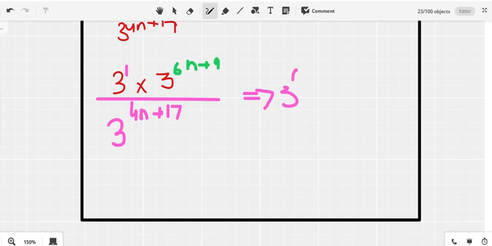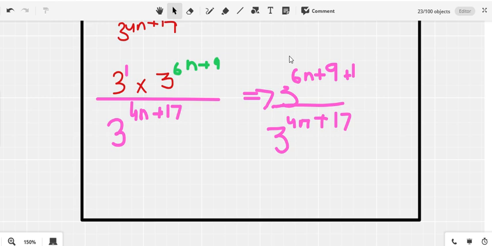So 6n plus 9 plus 1 over 3 to the power of 4n plus 17.